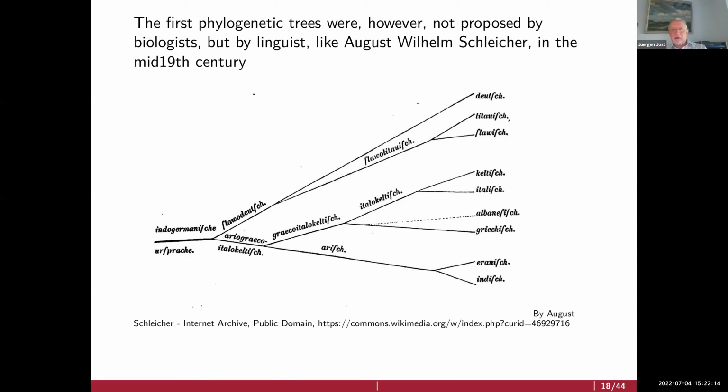They looked at the extant languages, in this case, Indo-European languages. Deutsch is German, then you have Lithuanian, which is a Baltic language, then you have the Slavic languages like Russian or Polish, then you have other languages spoken formerly in Western and Southern Europe.